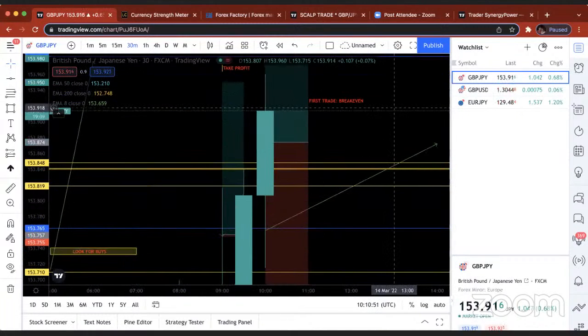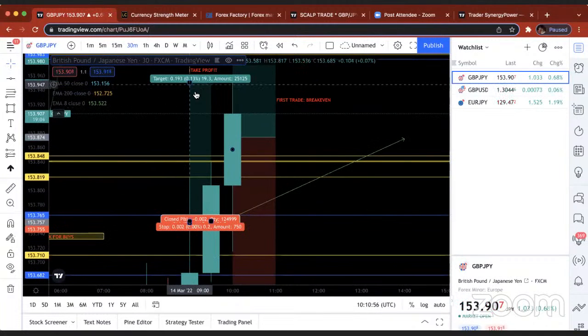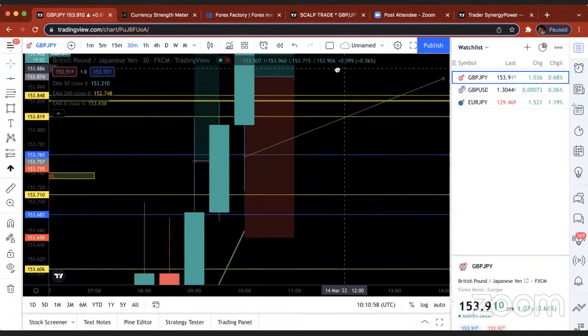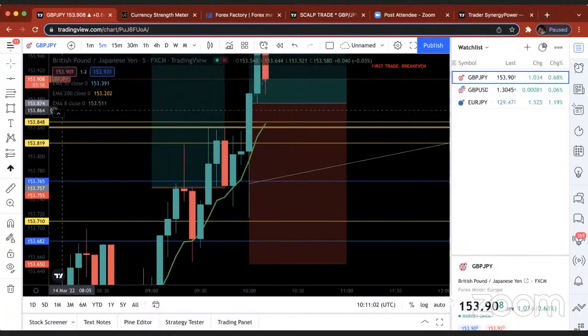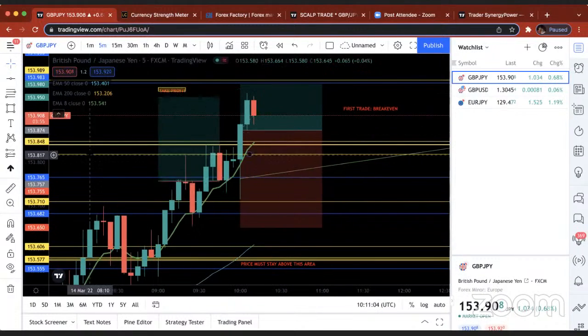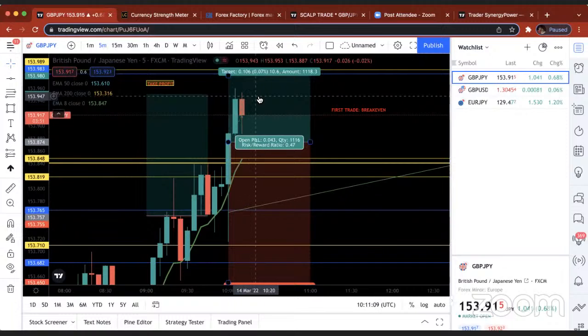But look, you know what's crazy, you guys? It hit our original target. Wow. You see this previous trade? I got taken out at, wow, look at that. That's crazy. Look at this trade, you guys. The first trade I took would have hit right now, 19 pips.